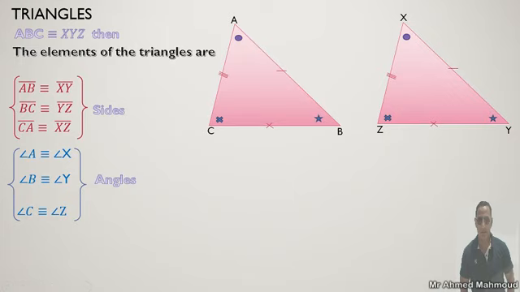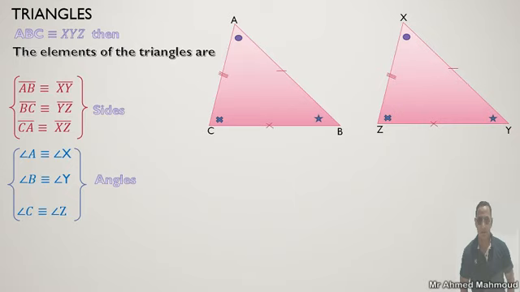Now, if we have two triangles ABC and XYZ like this, and we need to prove that they are congruent, I think it's a very difficult case, because to prove that the two triangles are congruent, you would need to have the three sides and the three angles as given, and this is very difficult and impractical.